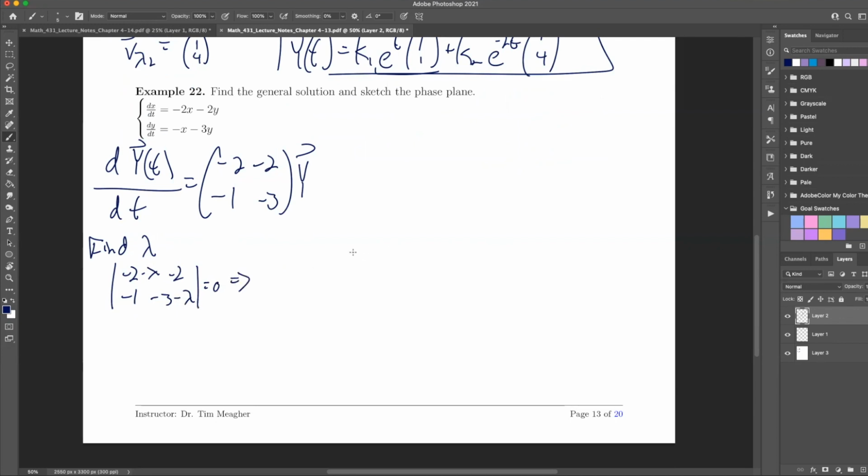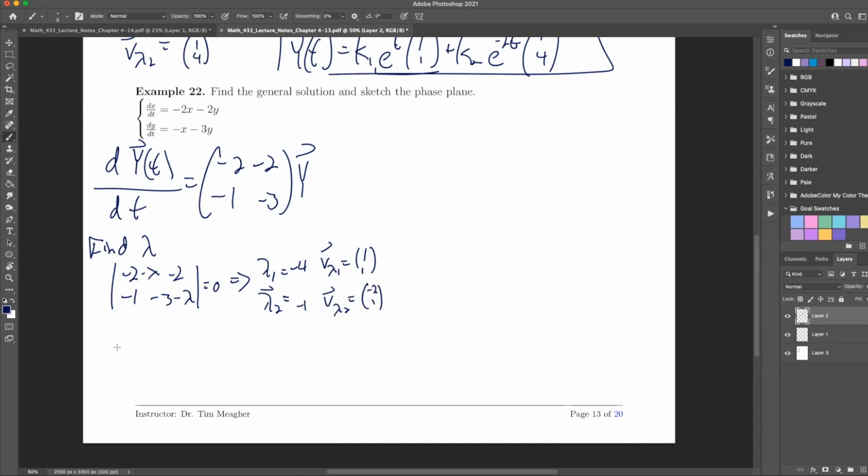Once we do that, I'm going to get lambda 1 is equal to minus 4, and the eigenvector associated with that will be 1, 1. Lambda 2 is minus 1, and the eigenvector associated with that is minus 2, 1.